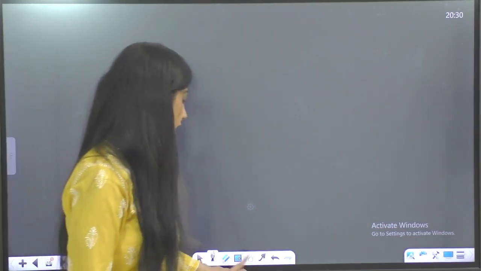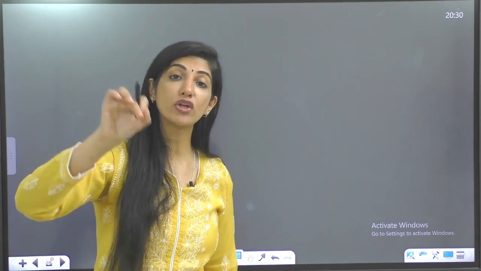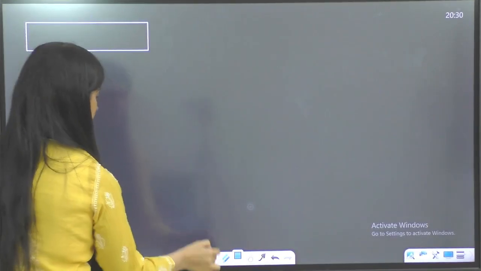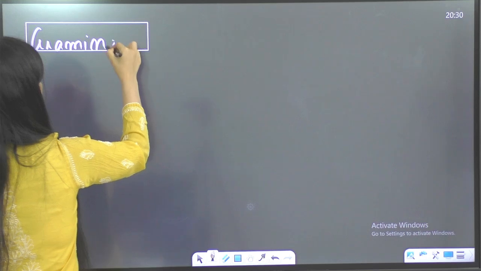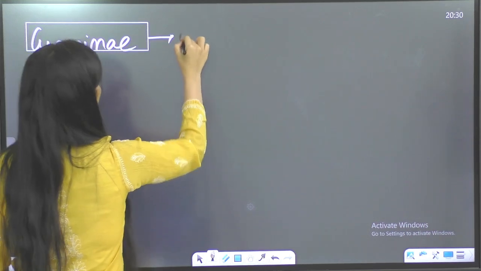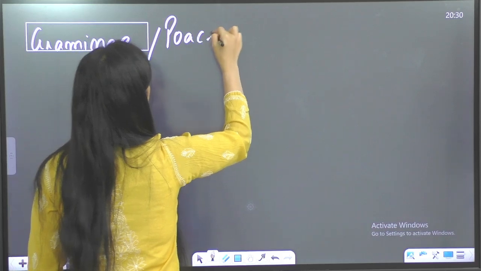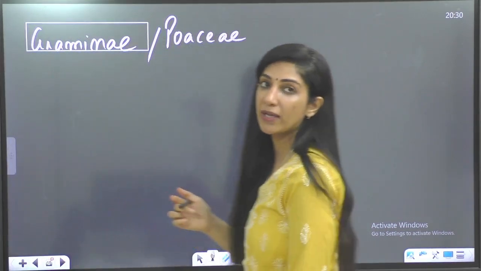The monocot family that I'm going to take, I've just changed my decision. I'm going to take the new family first. Enough of the comfort level. We will take the Gramineae family, or the Poaceae family, also called simply the grass family. You would have heard me taking the name Poaceae many times.